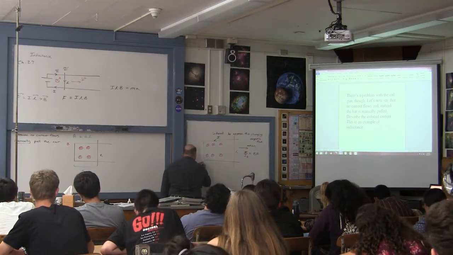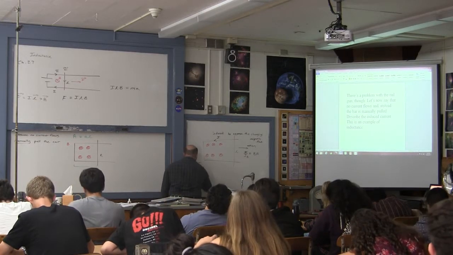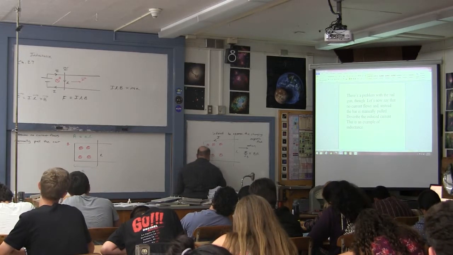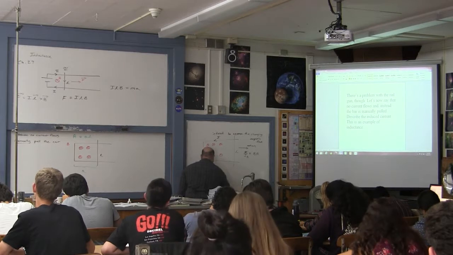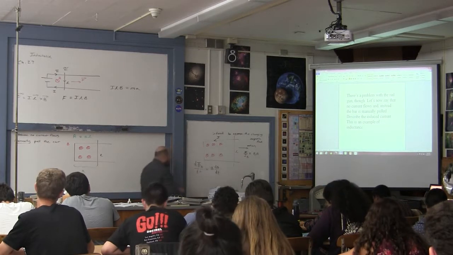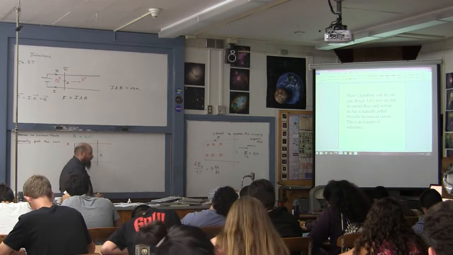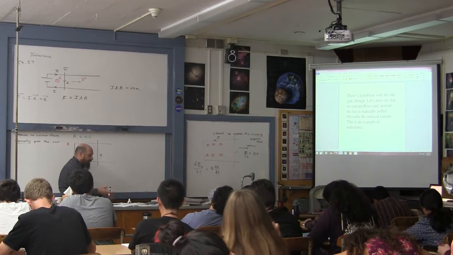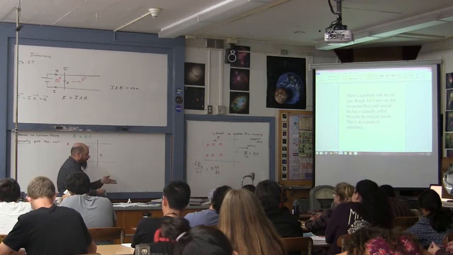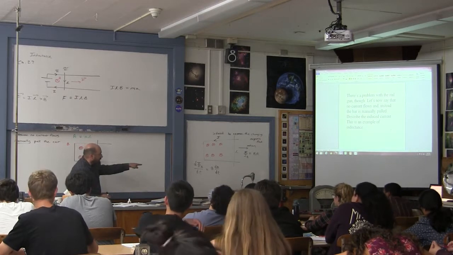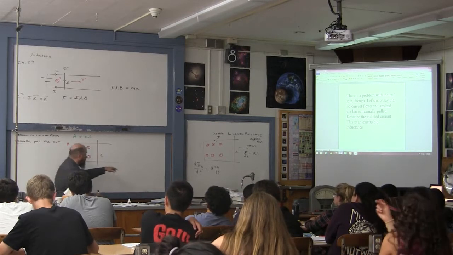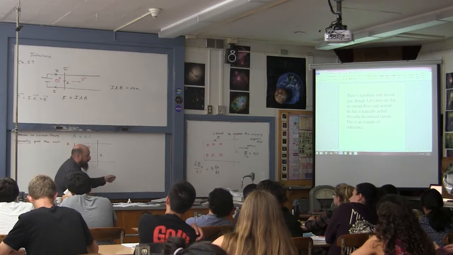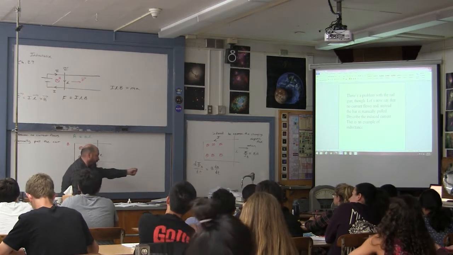So d phi dt, that changing magnetic flux, would be dA/dt multiplied by B. Depending upon how a problem is stated mathematically in WebAssign, for example, or on the AP exam, we would have to describe how that area changes with respect to time in terms of the quantities here. It depends upon the speed of the car at any instant in time.